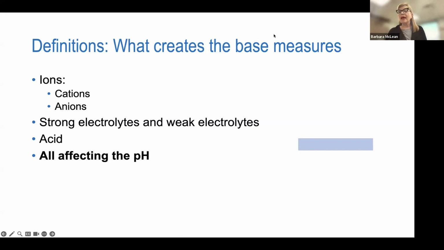Now, we talk about that normally by talking about positive and negative charges, cations and anions, positively charged and negatively charged molecules. And these all will ultimately affect the pH. You can talk about them as electrolytes, or as neutralizers, and they can all affect the pH.